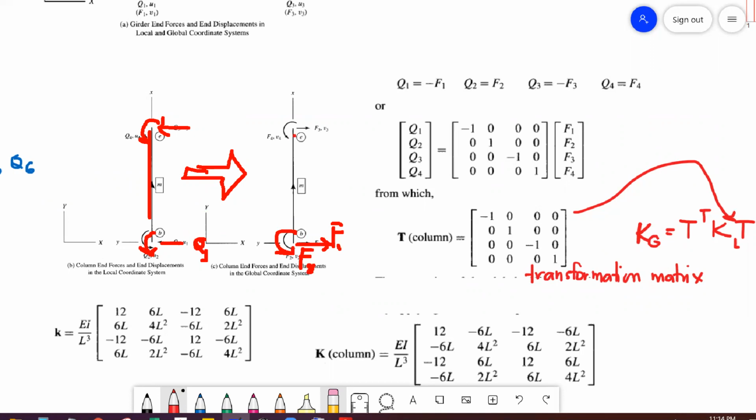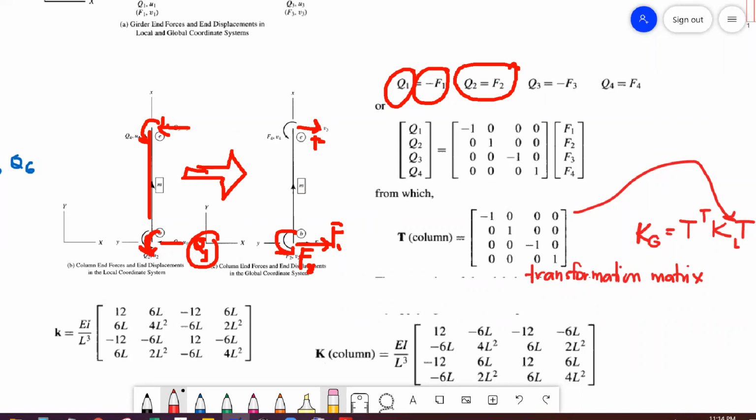Okay. And F3 is also horizontal. And as you notice, Q1 here is simply the opposite of F1. So, they are numerically equal, with a negative sign. Then how about Q2? Q2 is a moment. Therefore, Q2 and F2 will be the same.